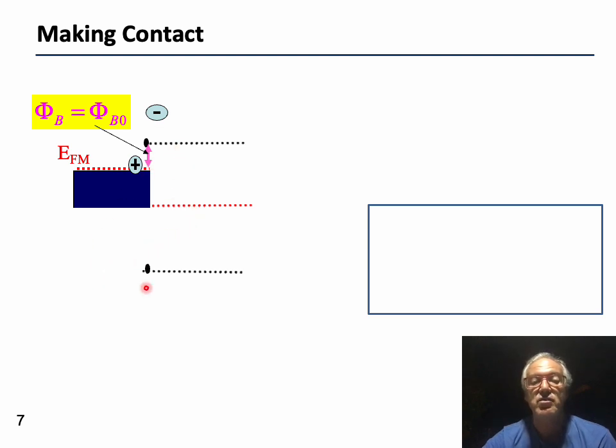And this will of course induce a shift in the Fermi level, and the charges will stop flowing once the Fermi level is constant across the interface. You've noticed here that there is this mismatch between the Fermi level and the conduction band, and in this case we'll call this an energy barrier, which is marked here by phi b.